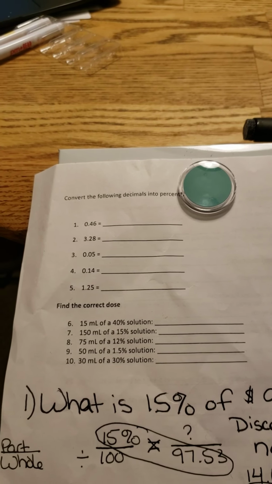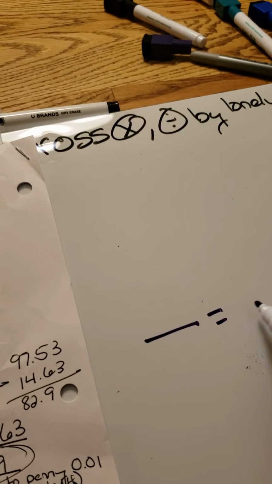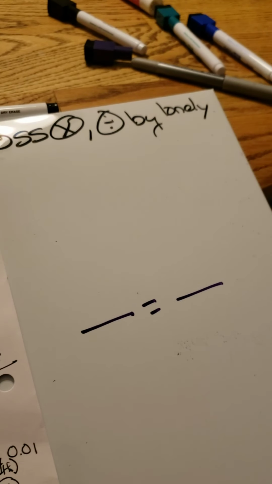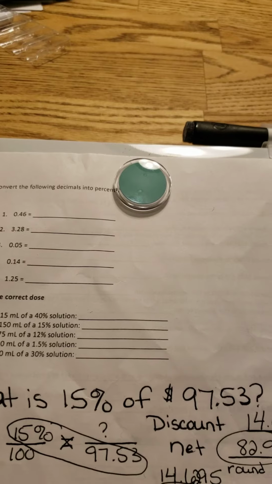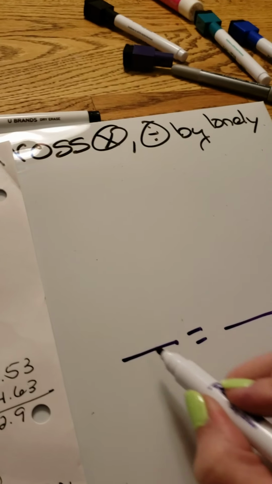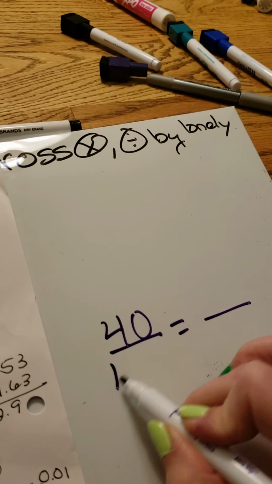So we have a percentage. So we're going to still set these up as cross multiply and divide. Still doing it the same way. So if I have 40%, 40 automatically goes over 100.